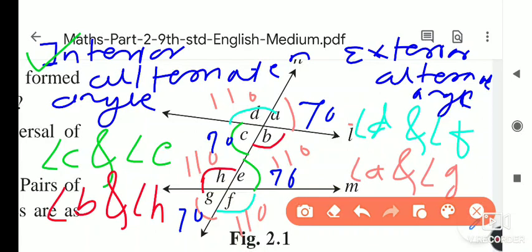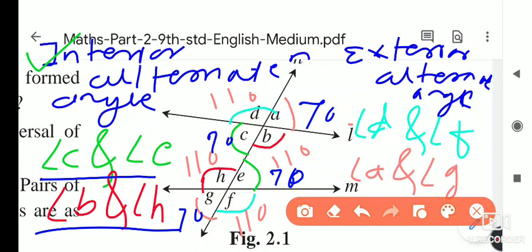Now if you see the corresponding angles, just now I told you D and H measure is the same, C and G measure is the same, A and E measure is the same, B and F, these are the corresponding angles and they are congruent to each other. The interior alternate angles are C and E: C's measure is 70 and E's measure is also 70, and then B and H: B's measure is 110, H's measure is also 110.